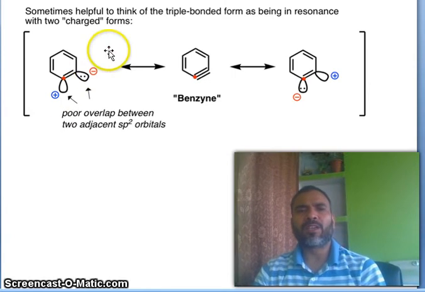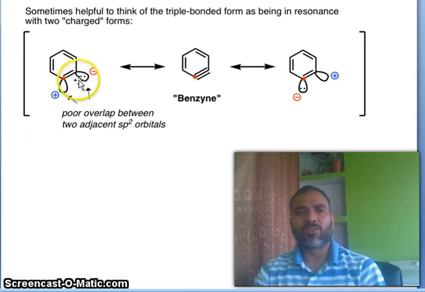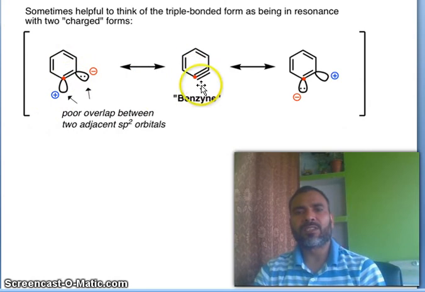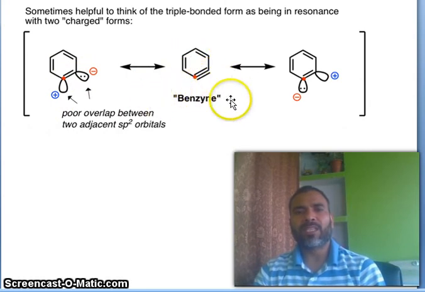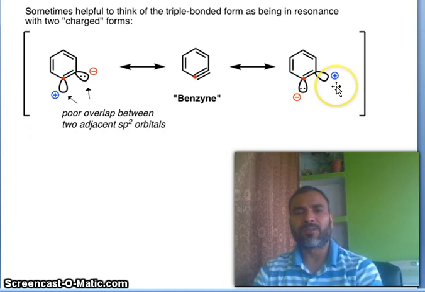Sometimes it is helpful to think of the triple bonded form as being in resonance with two charged forms. Maybe in this form, you see the poor overlapping between the two adjacent sp2 orbitals. This is positive, this is negative, and it is under resonance. This is known as benzyne, which is an intermediate, and maybe the negative charge is here and here.